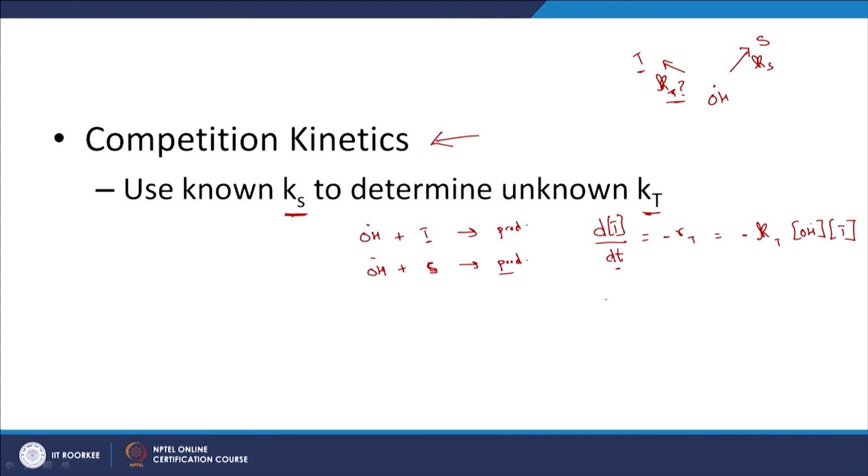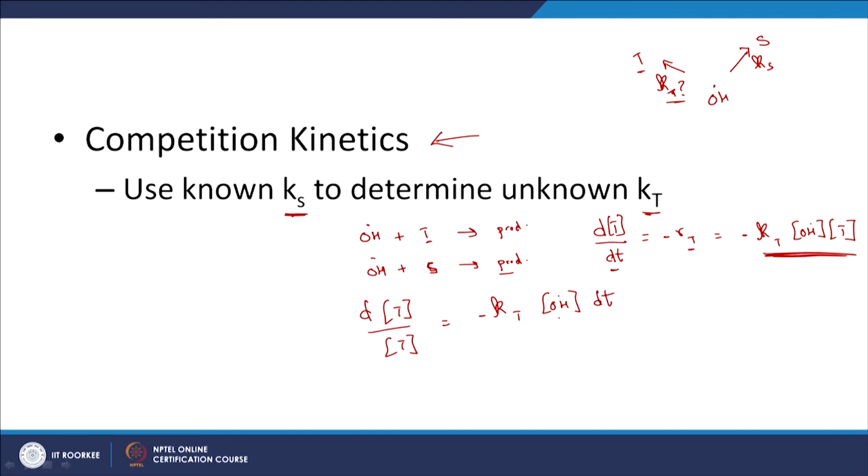So we have the differential of the concentration of the target with respect to time equal to the rate of loss of that target, and we know the rate for that reaction. Let us express that as d[T]/[T] equal to minus Kt times [OH radical] times dt.